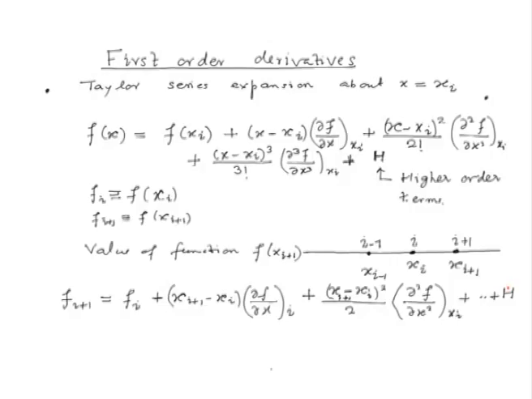Now, these differences x_{i+1} minus x_i, we can write in terms of our delta symbols.